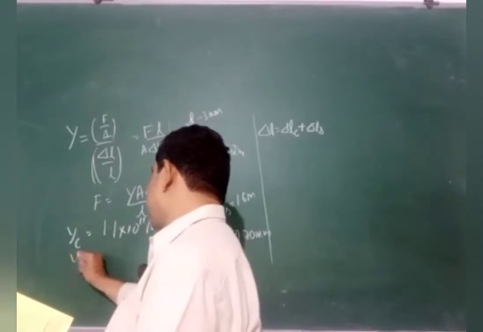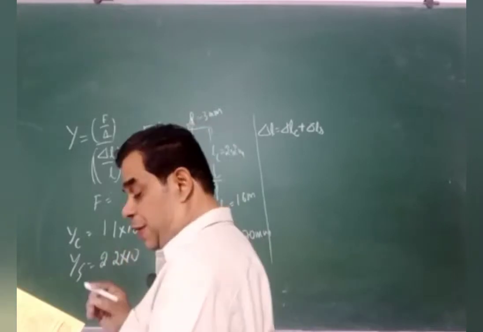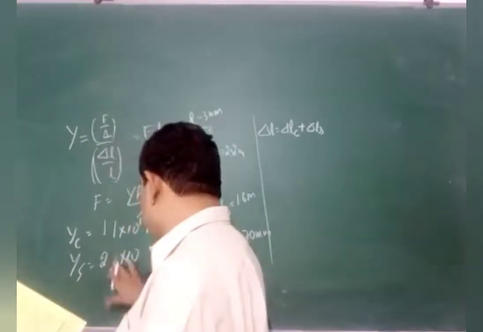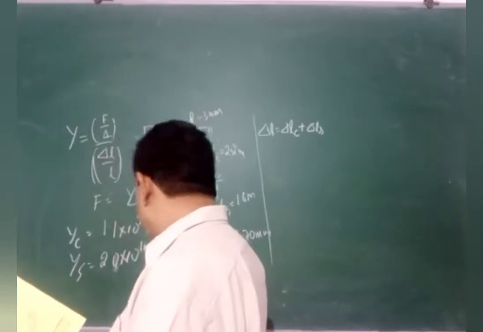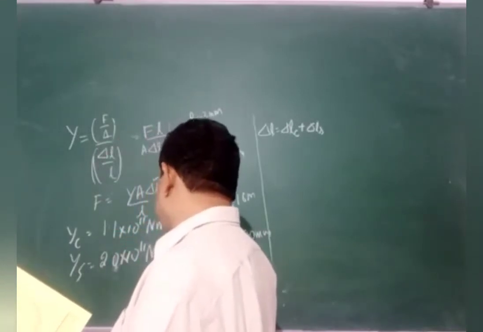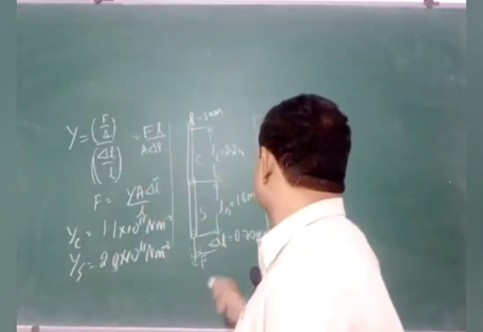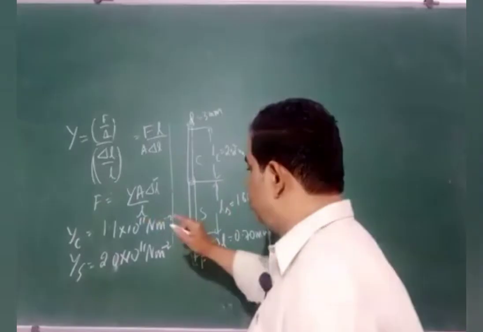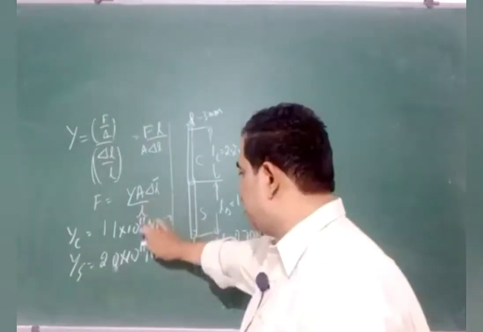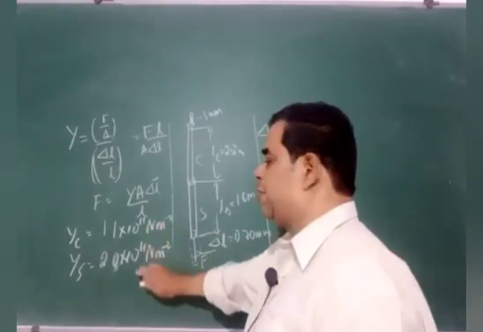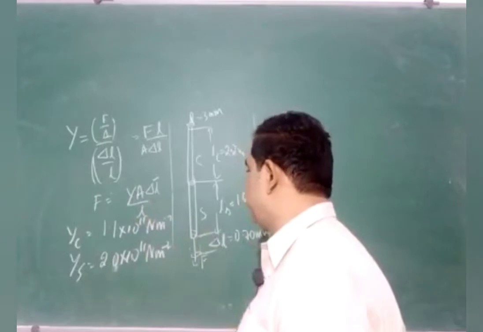Young's modulus of steel, yesterday we have written structural steel 2.0 here. Here also it is 2.0 times 10 raised to 11 Newton per meter square. So now how to solve this problem? Can you think of? From this, you can write it for copper or you can write it for steel. Both of them, same formula, only the terms are different.